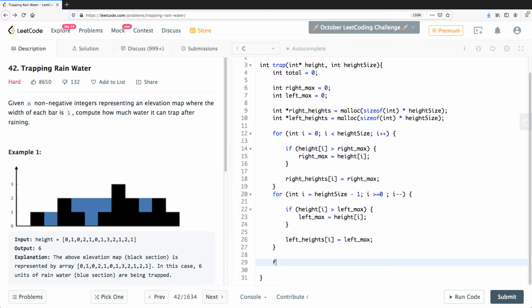Now all we need to do is the walk again. Let's copy this thing here, no need to keep typing.